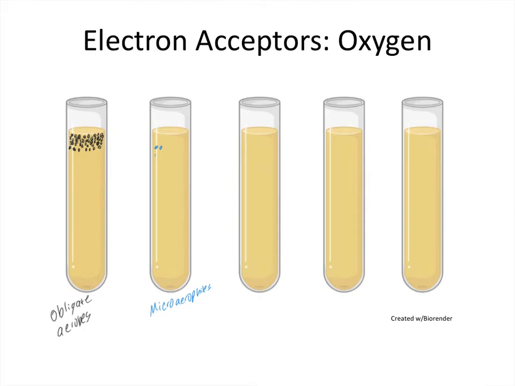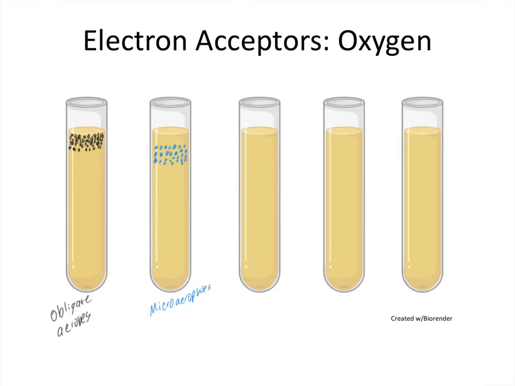So these will grow near the surface of a broth, but not right at the surface. At the top, there's just too much oxygen. It's actually poisonous for them, and so they will die. But they need a little bit of oxygen that has diffused into the medium. Right below the surface is usually a good area for them to find that sweet spot where they have enough oxygen to create ATP, but not so much that it will kill them.